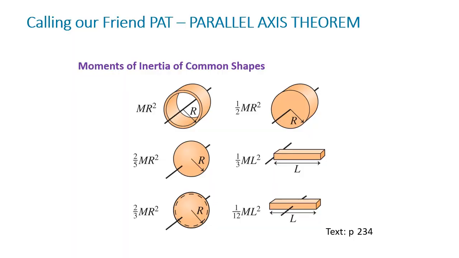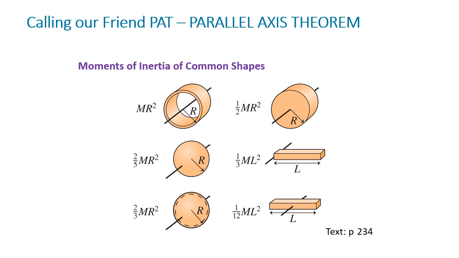All right, now perhaps the hardest part about getting rotational motion into rolling motion is that you need to make sure you understand where your axis of rotation is. In order for us to work through problems that have to do with that, we have to make sure that we know about our friend Pat.